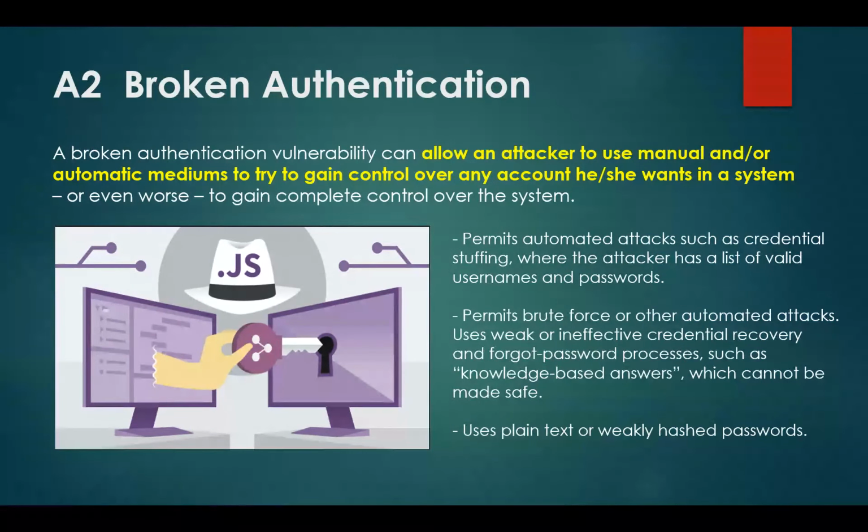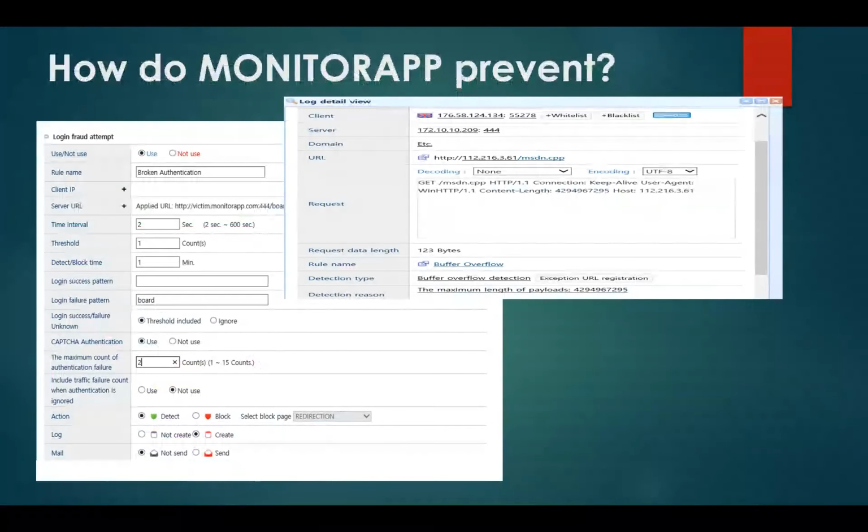So how can we securely defend against this vulnerability? We have several defenses for broken authentication. The first is logging fraud attacks. We already have a safety condition for the time interval that could be suspicious for broken authentication, and we have 2 seconds, 3 seconds, and 5 seconds.